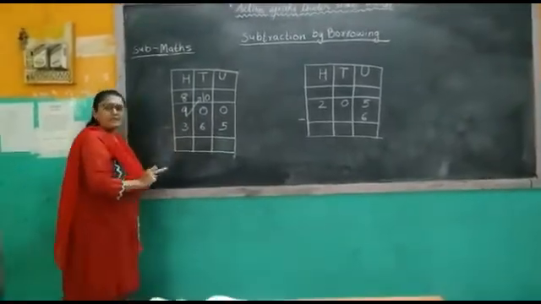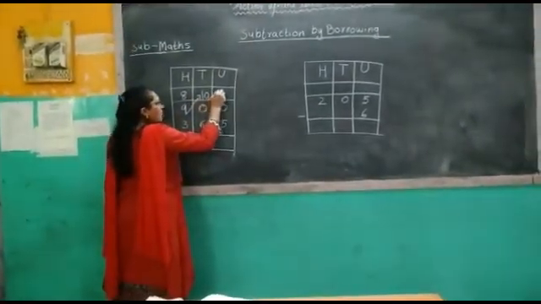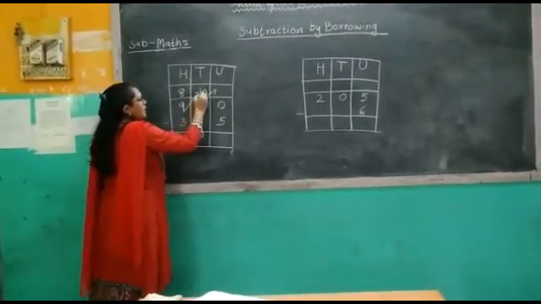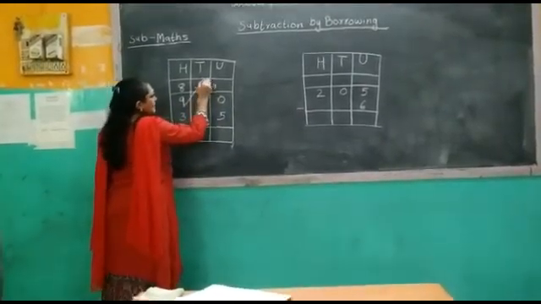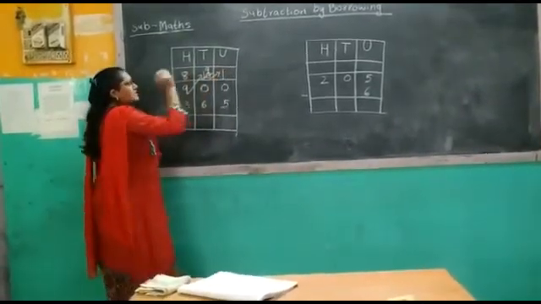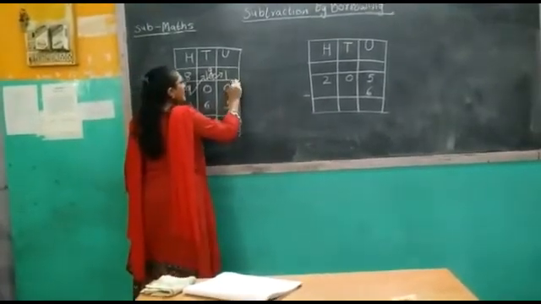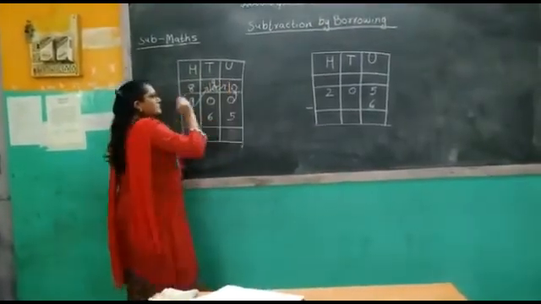So what will we do again, children? Again we will take 1 from this 10. So we cut this 10, write 9 here, and take 1 in the unit place. And this 0 again we write in the unit place.